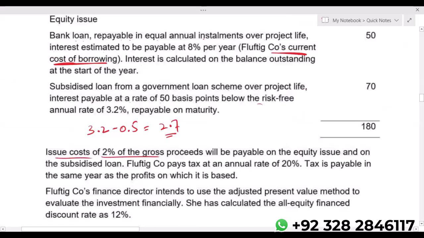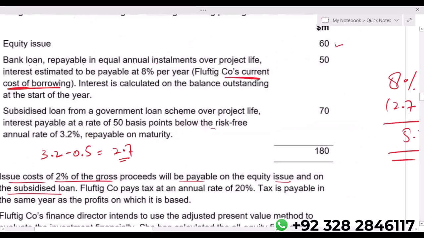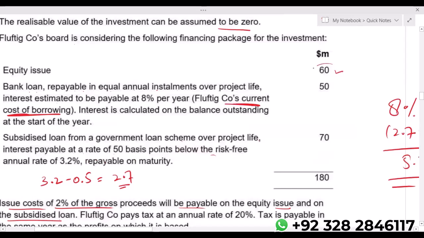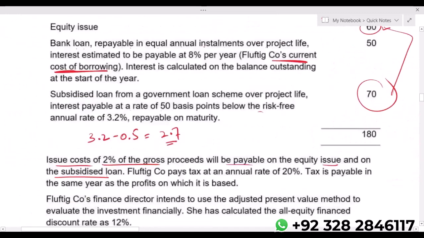Issue cost 2% of the gross proceed will be payable on the equity issue and on the subsidized loan. So 2% you have to pay on equity plus the subsidized loan on this 130 million. Fluff company pays tax at an annual rate of 20%, payable in the same year, means no delay.